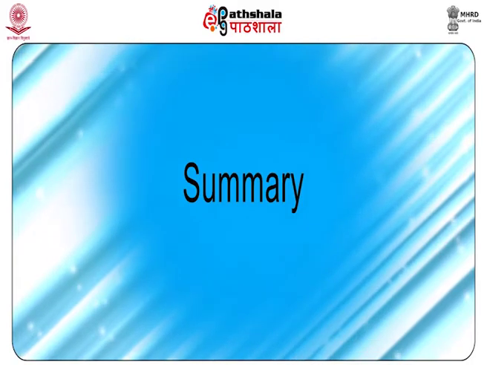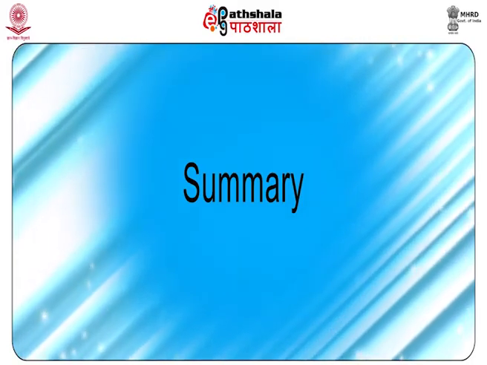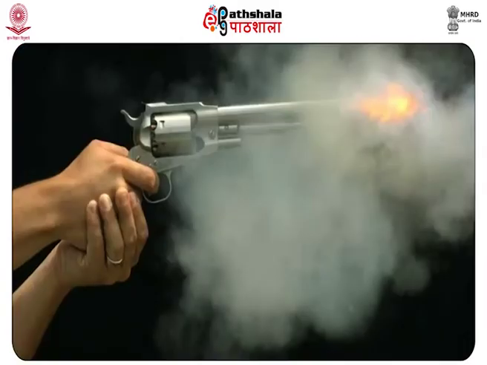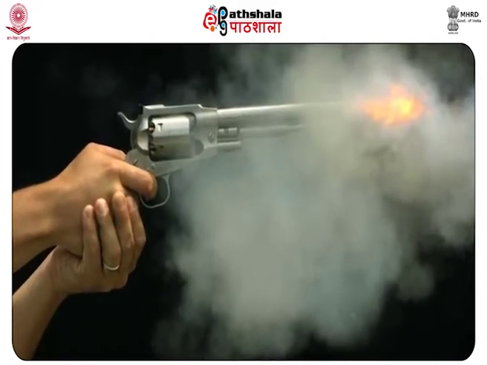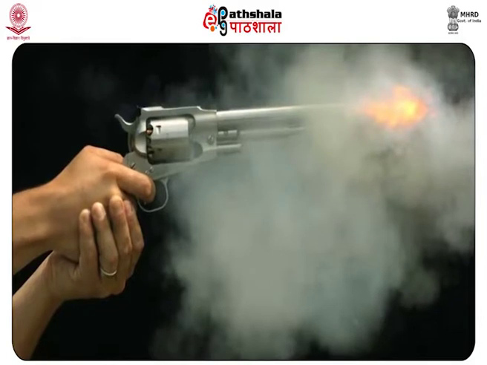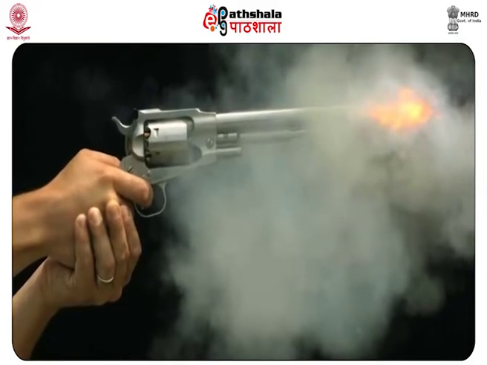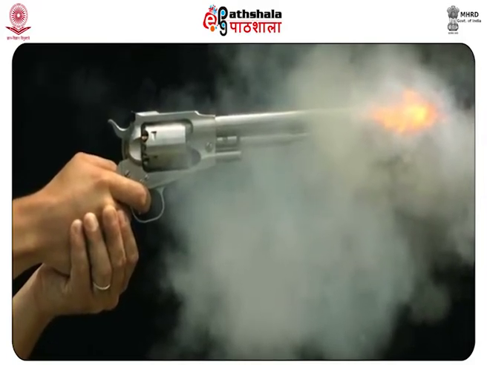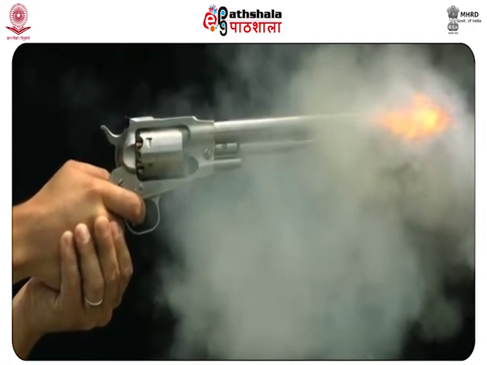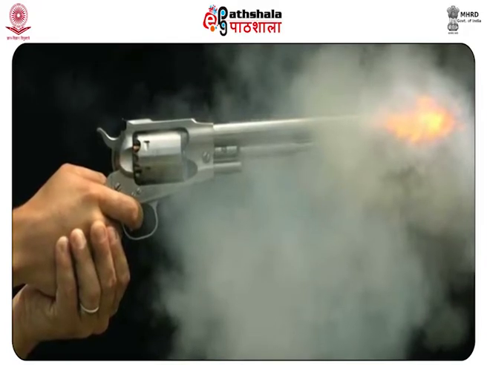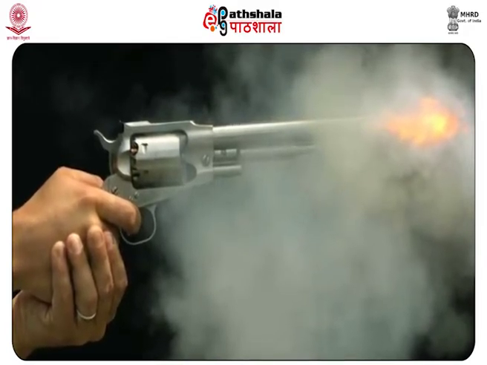Dear student, now let me summarize this chapter for you. In this chapter, I have told that when the trigger of a firearm is pressed, it releases the hammer or the striker with considerable force. The striker compresses a pressure sensitive material contained in the percussion cap.